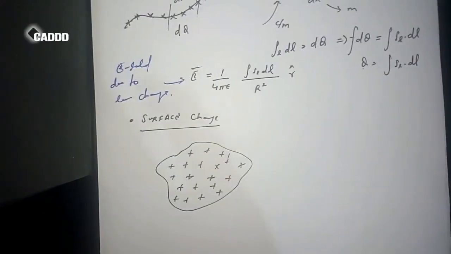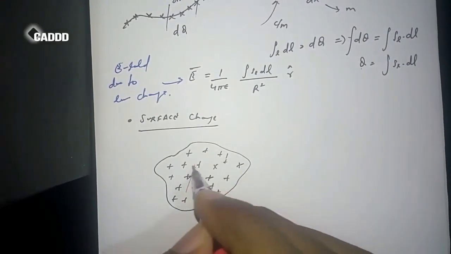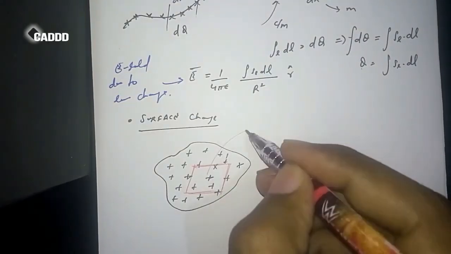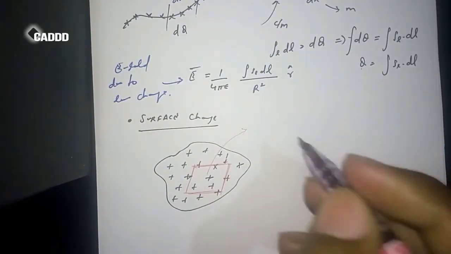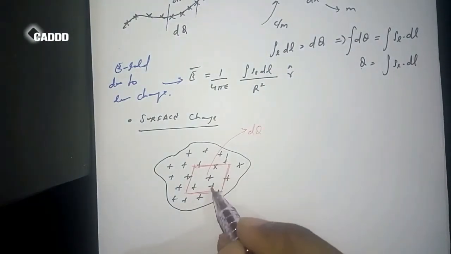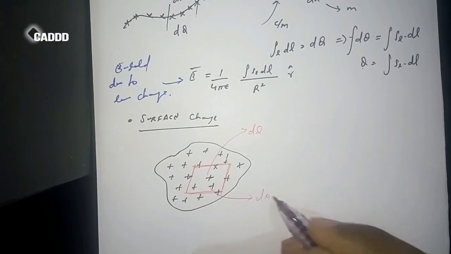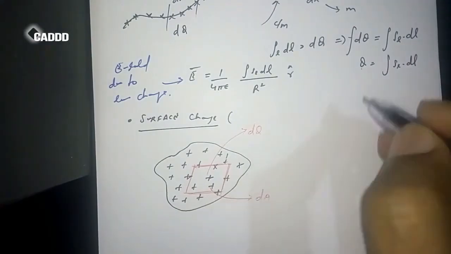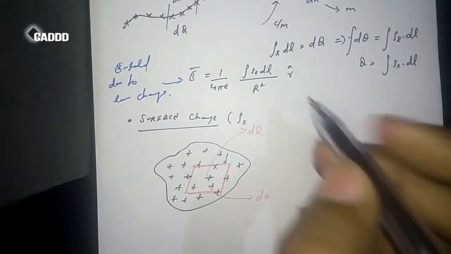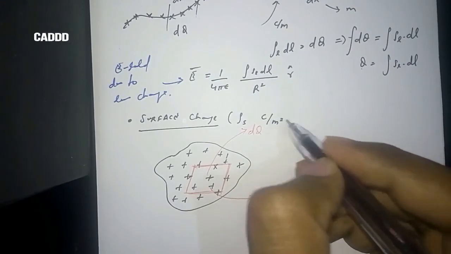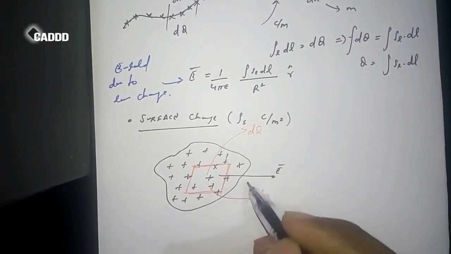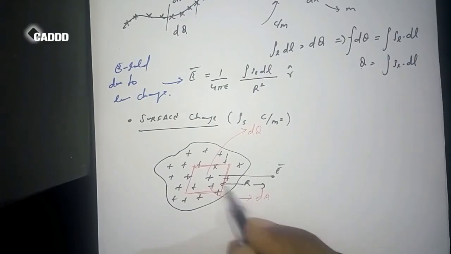Now again we will do the same thing. We take a small amount of surface which has charge dq and area dA. This surface charge has a surface charge density, which is in coulombs per meter square. Here we will define the electric field at the point which is r distance away from the surface.